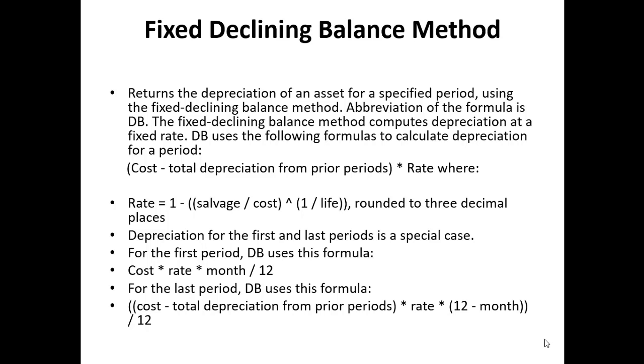Here it is given: the rate equals 1 minus the salvage value divided by cost, to the power 1 divided by the useful life, and that is going to be the rate. That particular rate is going to be constant throughout the period, and it is rounded to 3 decimal places.